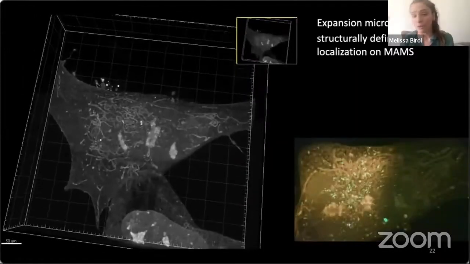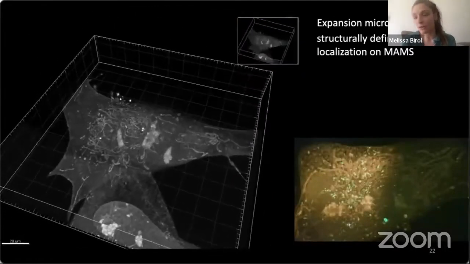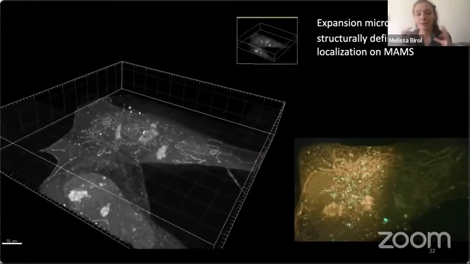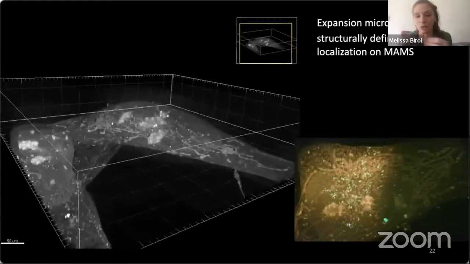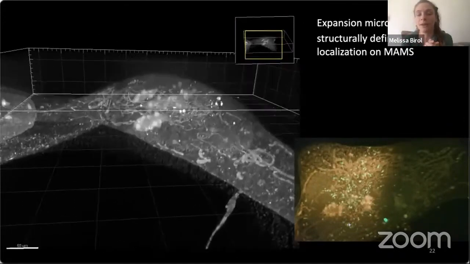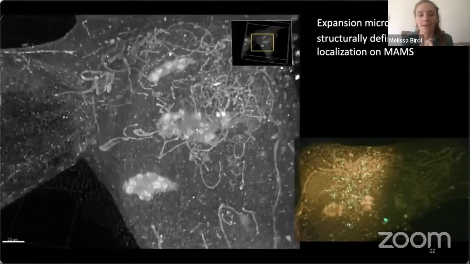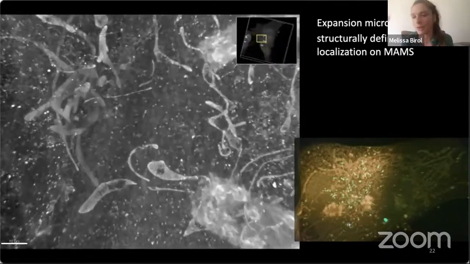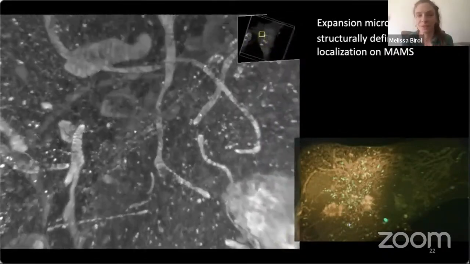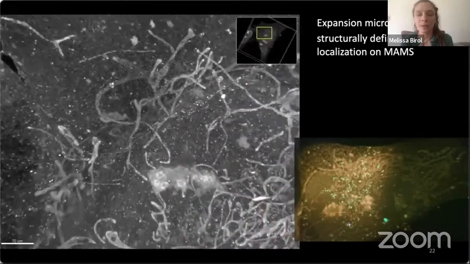To do so, we are also adopting expansion microscopy to be able to really expand these interorganelle contact sites to be able to visualize our protein. At this stage, we are coming to about the 16x expansion that has been recently shown, so we were able to adopt that.